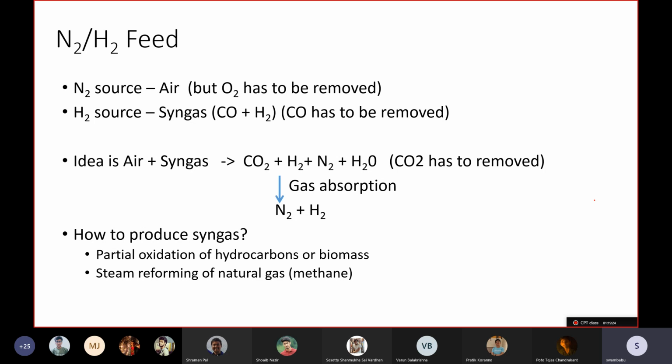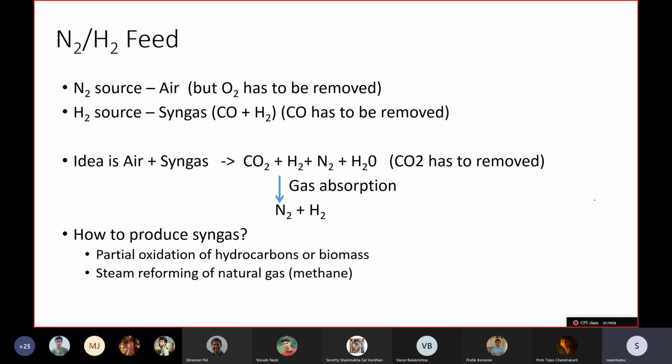The nitrogen source is air, because we know that the abundantly, freely available material to us is air, which contains nitrogen. But one big but is that from air, oxygen has to be removed. Although we can use air as a nitrogen source, one important condition is that oxygen has to be removed.